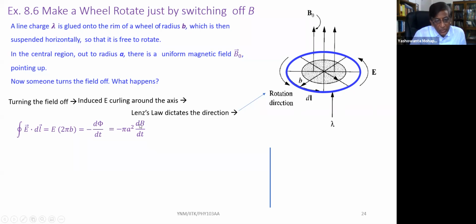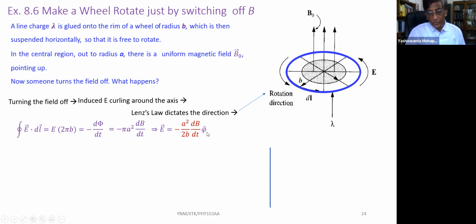Pi s square B is the flux, so pi s square is the area, and then hence I can calculate E. E is of course in the phi direction. So E times 2 pi b is minus pi s square dB by dt, and that gives me the electric field.